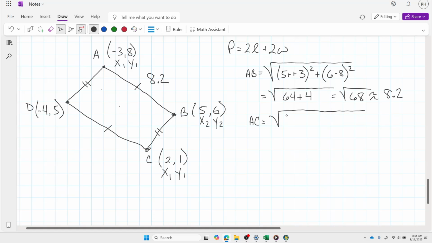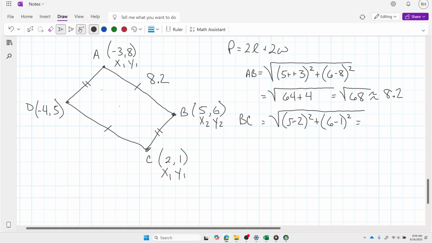And that's equal to the square root of x sub 2 minus x sub 1, so 5 minus 2 squared plus y sub 2 minus y sub 1, 6 minus 1 squared.